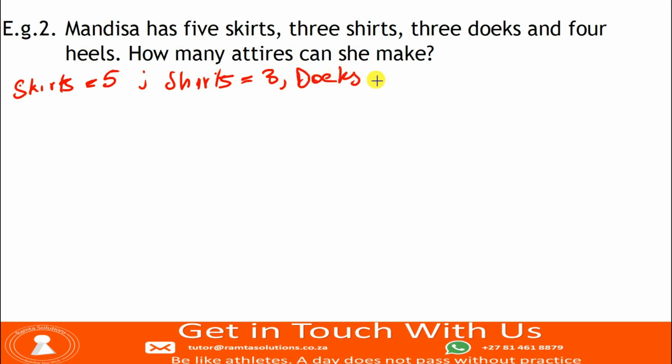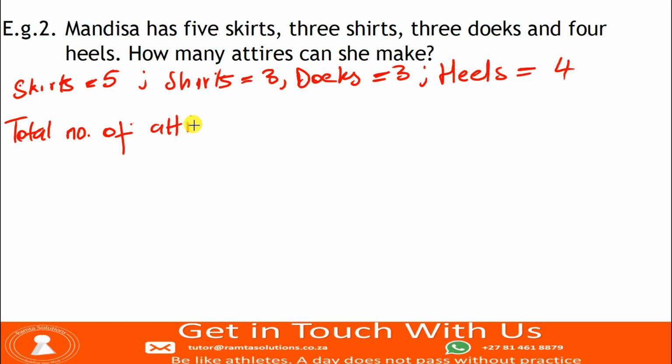She has how many jackets? 3 jackets. And heels, in other words, shoes. She has 4 shoes or 4 heels. Now, how many attires can she make? So we can say total number of attires.